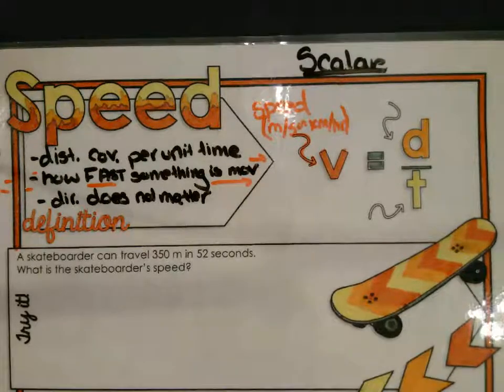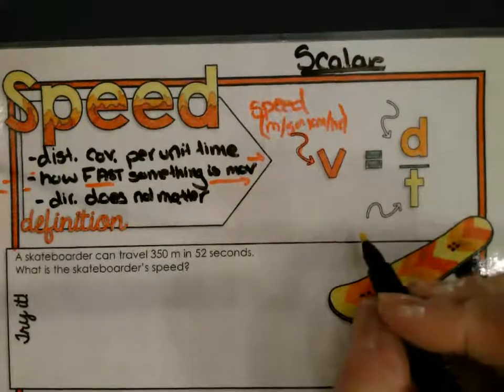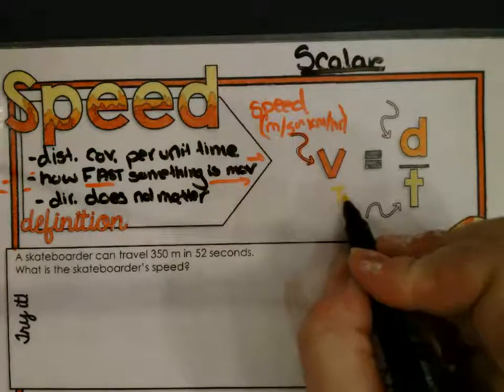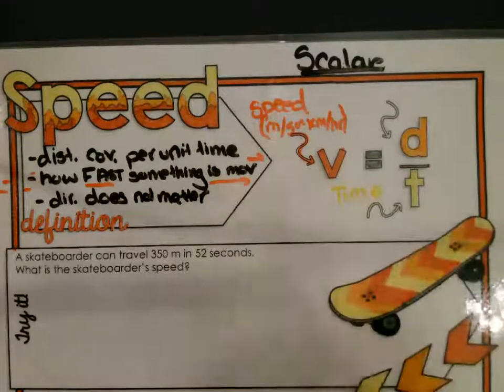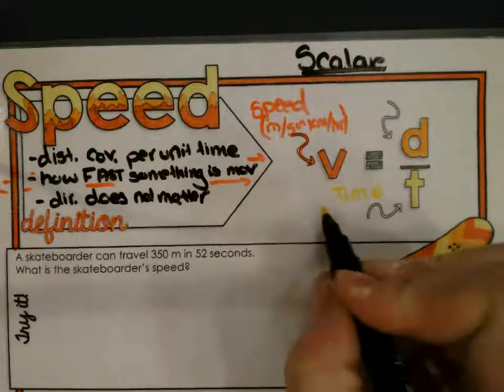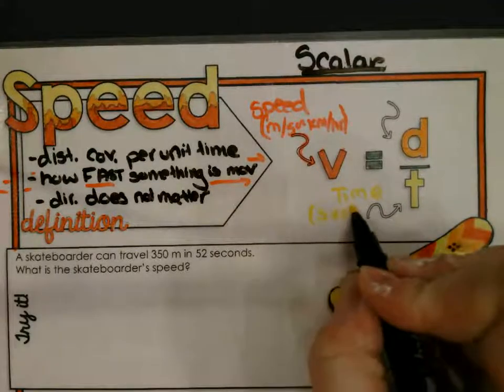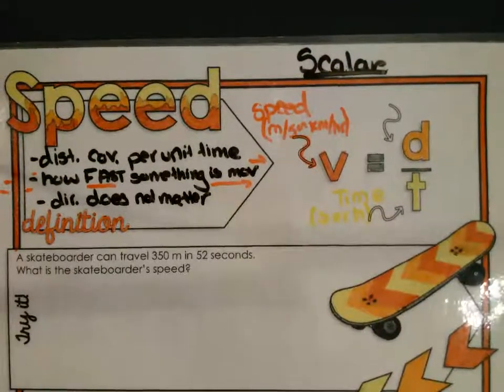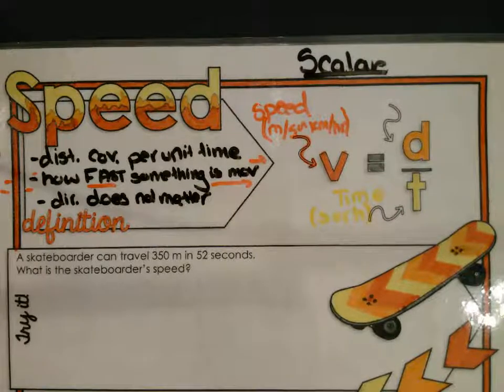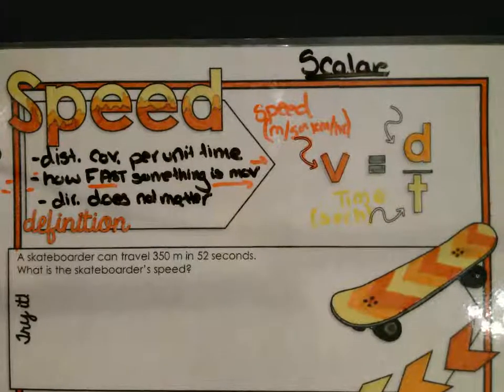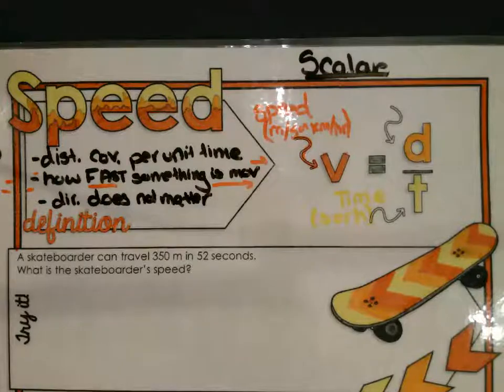This T down here represents time. Time units are seconds or hours. And this D at the very top is going to represent our distance.